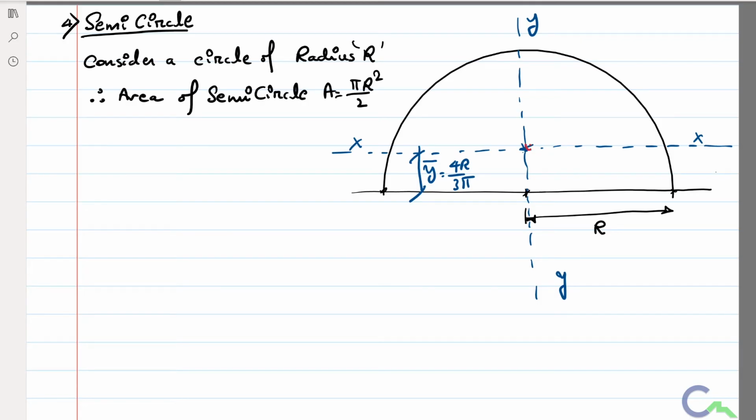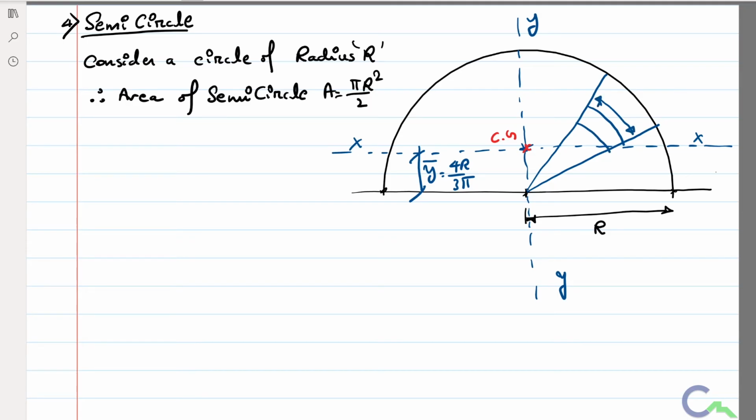This is CG. Now I am going to consider an elementary strip of angular size d theta at an angle of theta. So I will take it like this. Angular width, that is d theta.